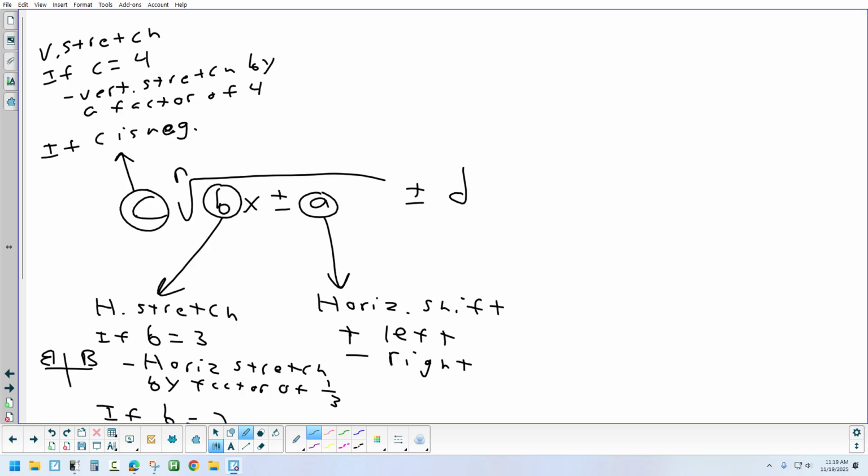Yep. Flip the whole thing over the x-axis. Because C is vertical, it's going to cause a vertical reflection, which means it flips up to down. That's over the x-axis.